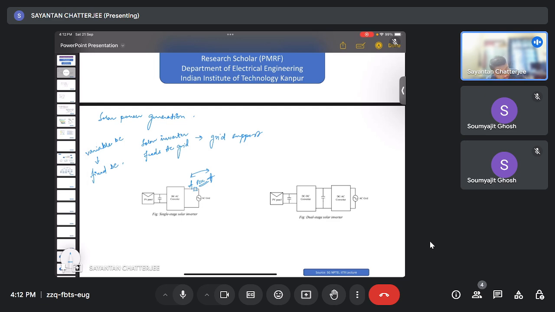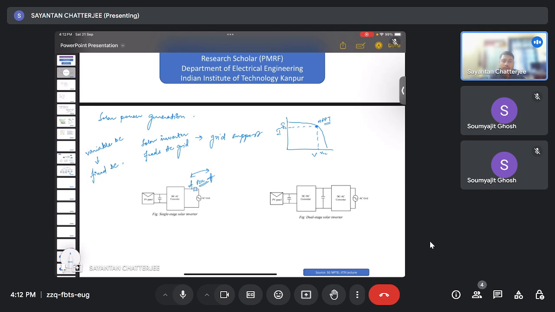We already know that the IV characteristics of the PV mostly follow a curve like this, where here it is I, here it is V, here it is the VOC, and here it is ISC. This is the point of maximum power point tracking, MPPT.